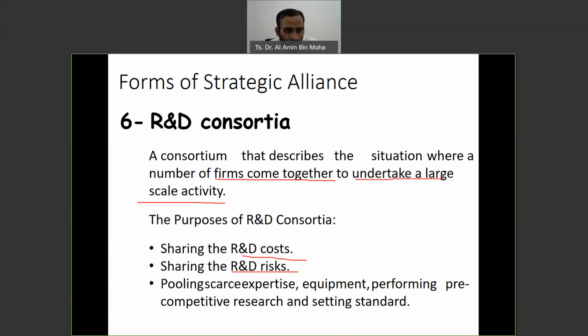Usually, pooling the scarce expertise and equipment, performing pre-competitive research, and setting a standard. So if there's one company, they may not be able to do a big-scale activity, but when they come together, they can work as one consortium.